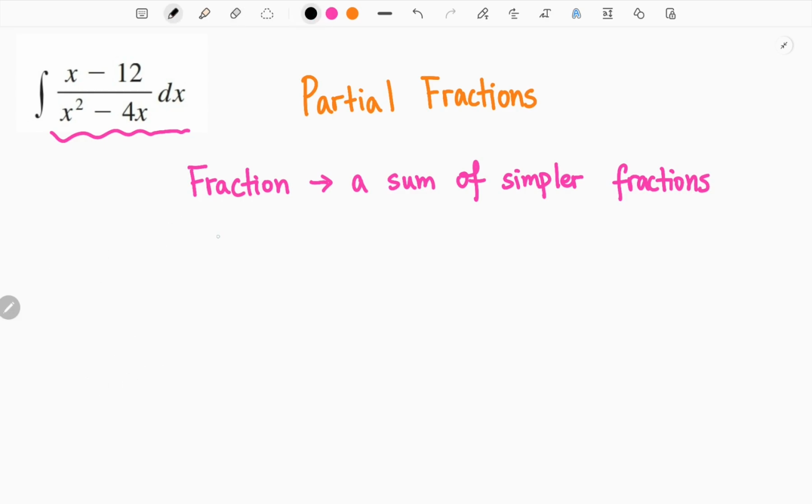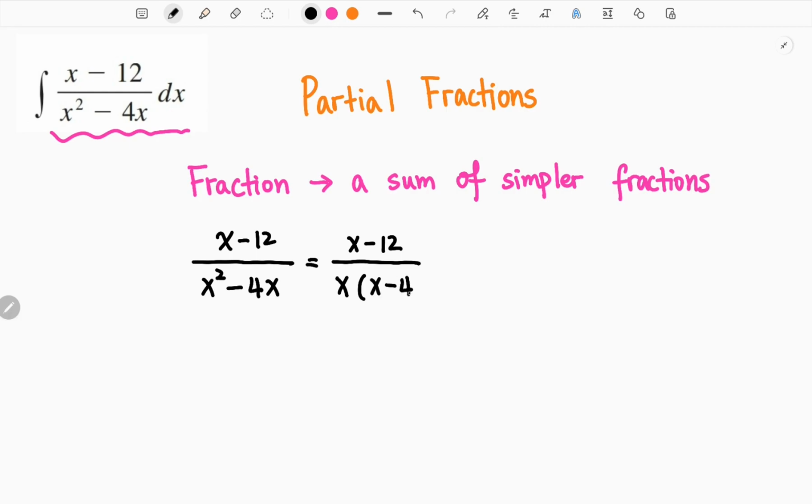For our fraction, we have x minus 12 over x squared minus 4x. And that is equal to, let's factor the bottom, x minus 12 over x times x minus 4. Then let's break the denominator into simpler fractions, and that gives us something over x plus something over x minus 4.